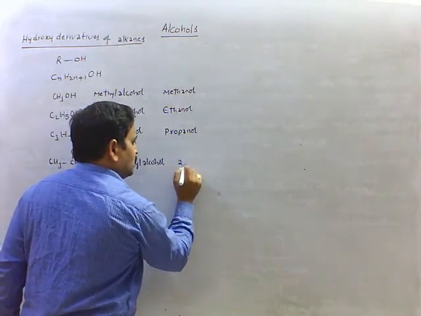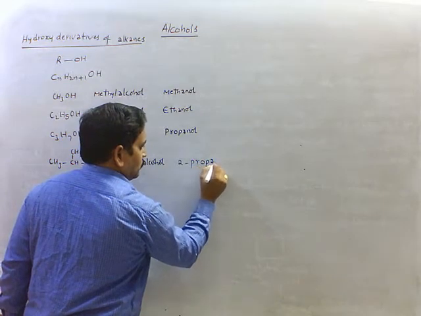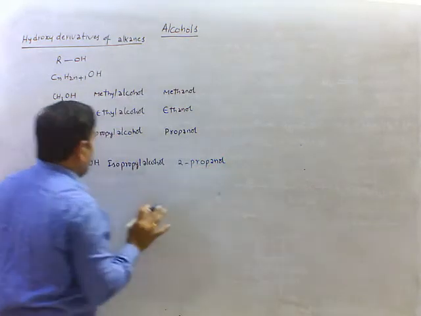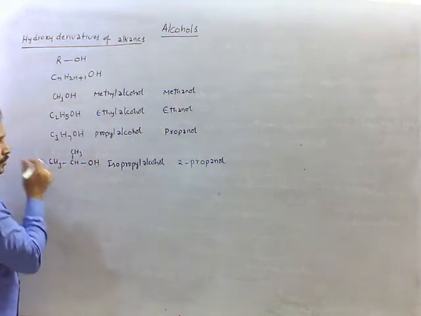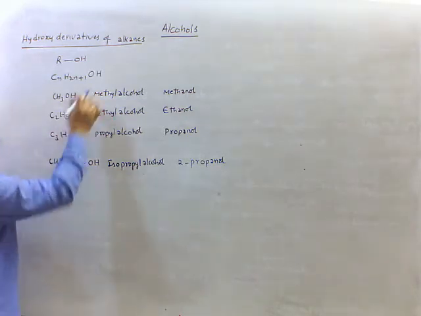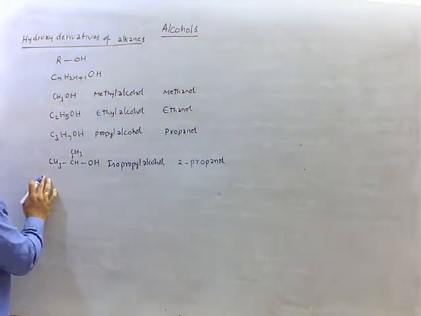Simply we call it 2-propanol. That means at the second carbon we have the OH group. See, these are common names, and these are IUPAC names of these compounds.